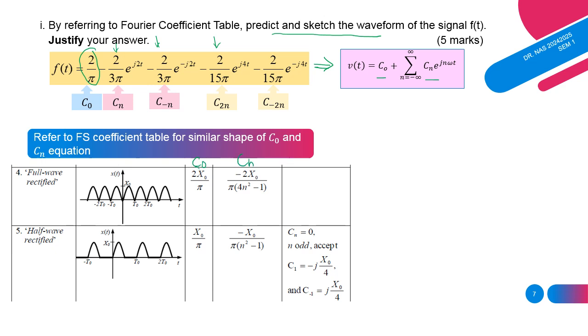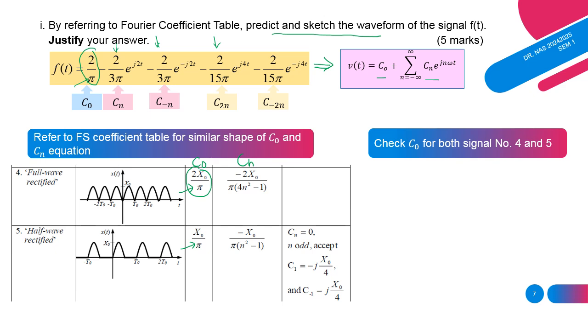If you look at the C0 of the full wave rectified signal, you have the denominator as π, same goes for this and this. So from here you can calculate the x0. You need to check the C0 and x0 for both signal number 4 and number 5.